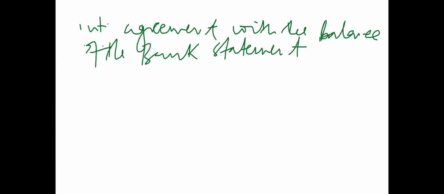When you're talking about the cash book, we mean the bank column of the cash book. That's what we basically mean by bank reconciliation statement. It's just a statement that is helping us to match the cash book balances and the bank statement balances.